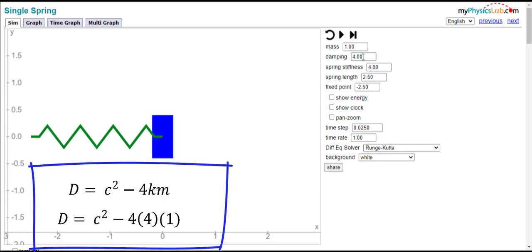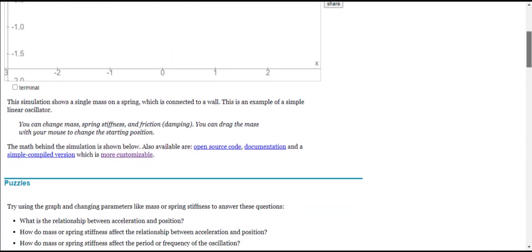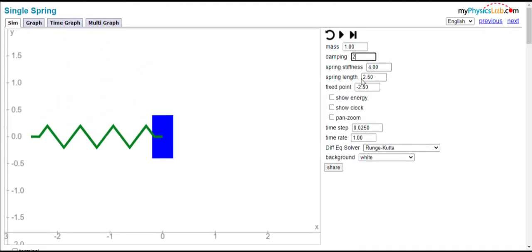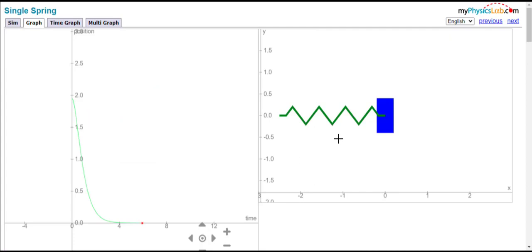So then you will fall under the underdamped case. I'm putting it as a value 2, which is much lesser than 4, and let us see how the graph will be.